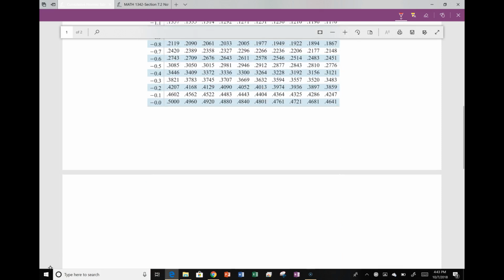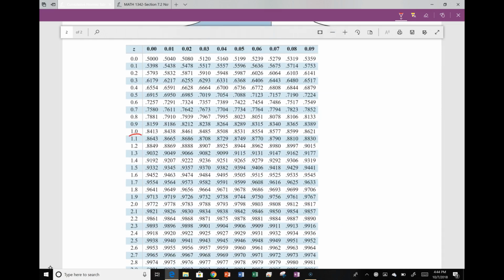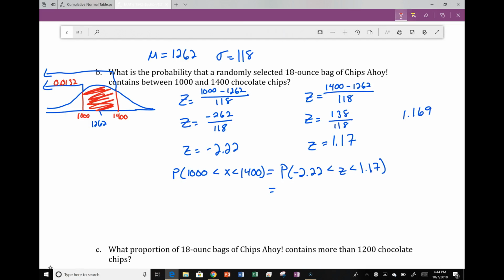So I need to scroll down to the positive side. 1.1 is here, and then I look at the 7 column, which is here. So it's going to be a 0.8790.